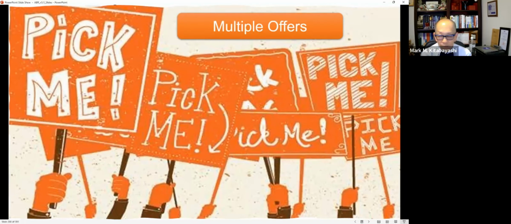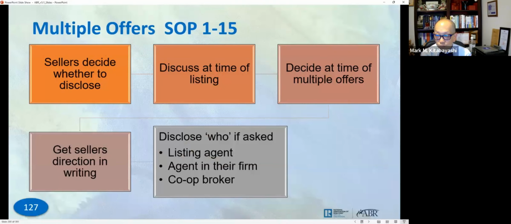Multiple offers, right? When there's a multiple offer, the seller decides whether to disclose, number one. Discuss at the time of listing, decide at the time of multiple offers, then get the seller's directions in writing, and disclose to whoever asks: the listing agent, their firm, co-op, and so forth.